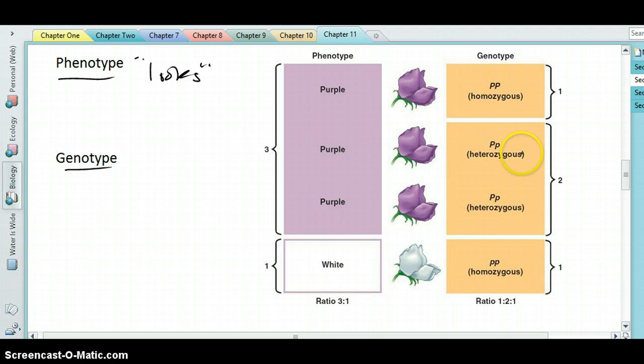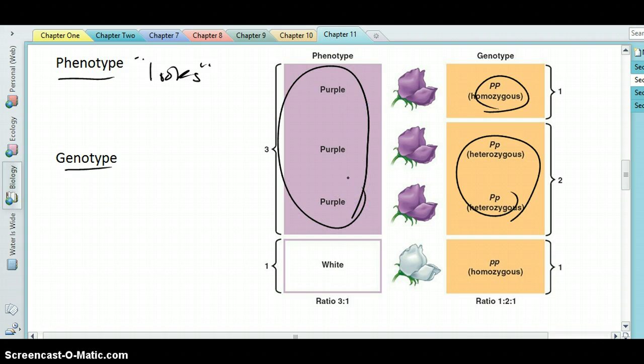So notice when you have this situation of a dominant allele and a recessive allele, you can have two different genotypes that give you the same phenotype. All right, and here again with the dominant recessive situation, you have one genotype that gives you this white phenotype.